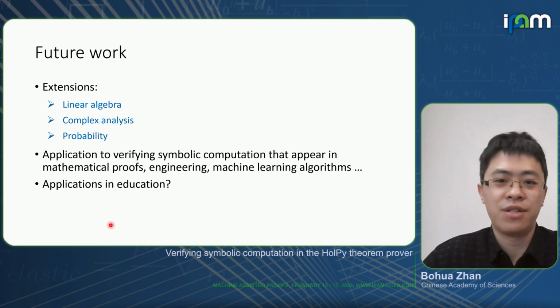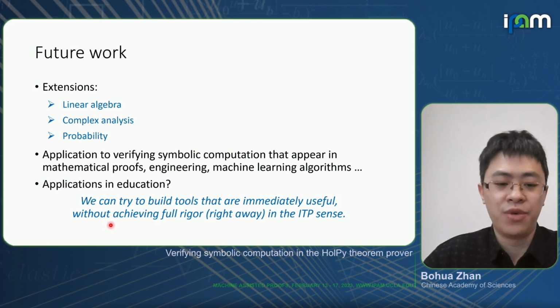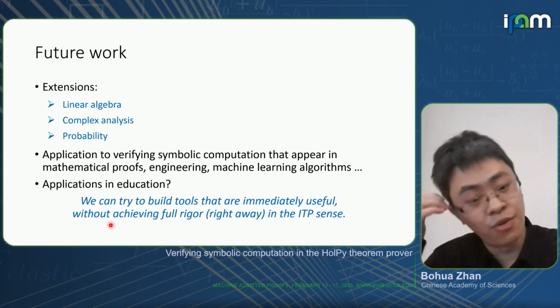And another potentially interesting application is in education, which we can certainly discuss further. And I think the main point is that we can try to build tools that are immediately useful without achieving full rigor right away in the sense of interactive theorem provers.